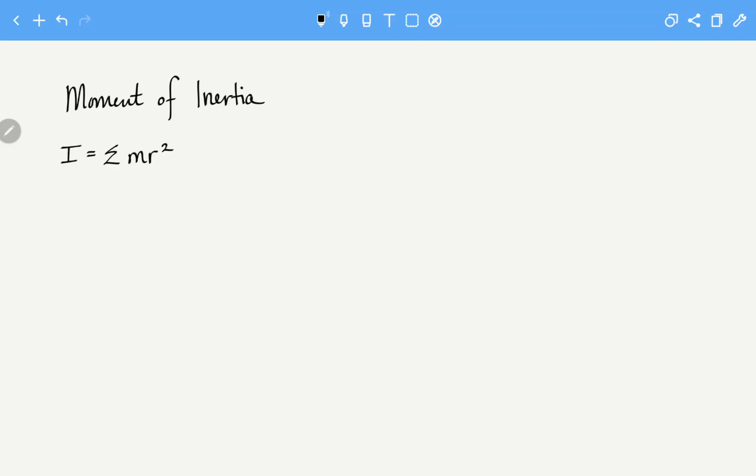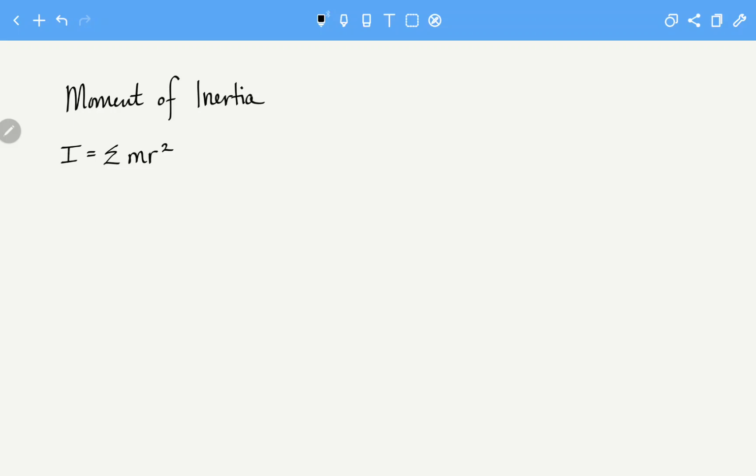Let's simplify our lives. And so they just said, let's call mr squared the moment of inertia. It's going to make the math easier because we replaced a whole bunch of symbols with one definition. And it really does work. It makes math a lot easier, but that's why it exists, okay?